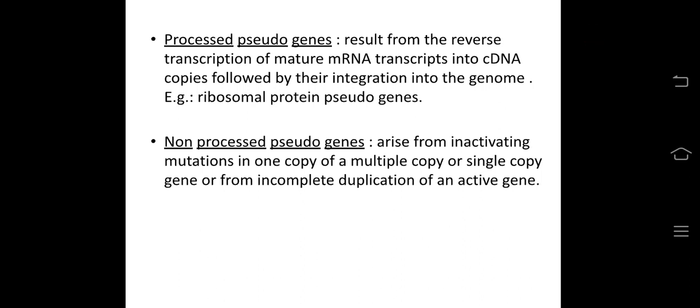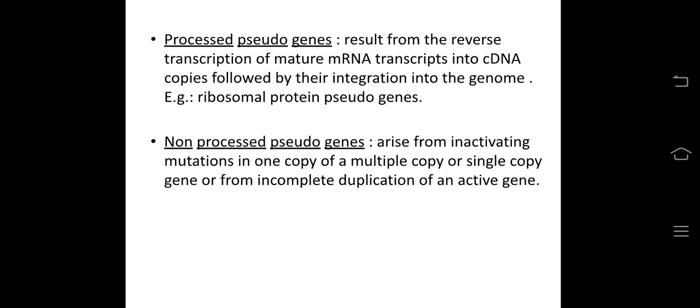So processed pseudogenes result from the reverse transcription of mature mRNA transcripts into cDNA copies, followed by their integration into the genome. Ribosomal protein pseudogenes undergo reverse transcription of mature mRNA transcripts into cDNA copies, and later integration of that part into the genome takes place.